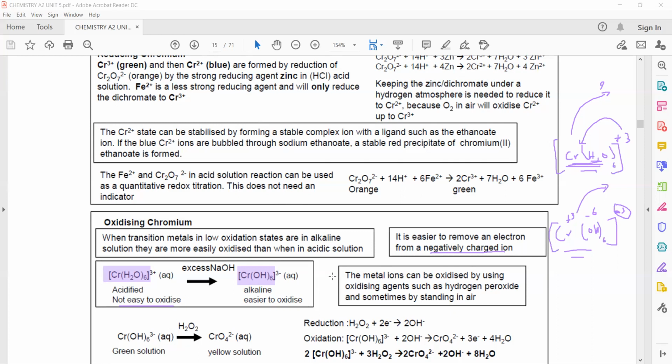Oxidation is a loss of electrons, so we can easily remove an electron from a negative complex compared to a positive complex.